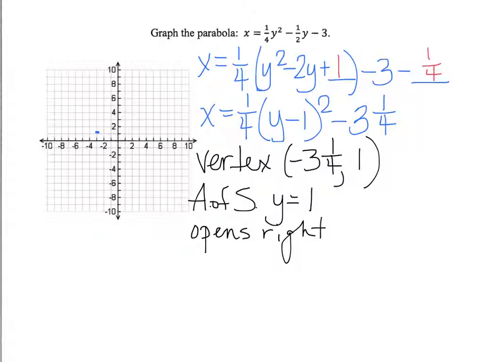Now your formula, 1 over a, this time. What's the reciprocal of 1/4? If a is 1/4, the reciprocal of it is 4, and we always divide by 4.